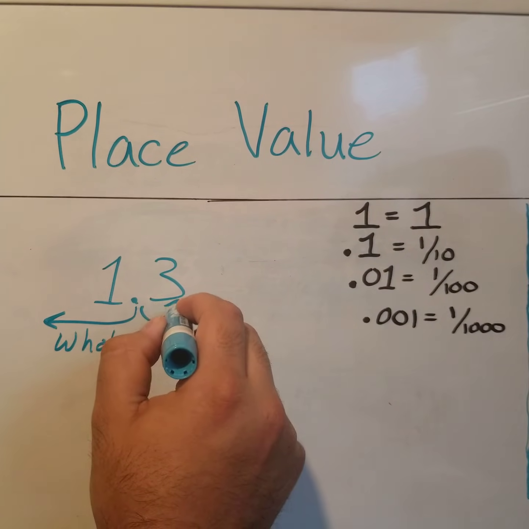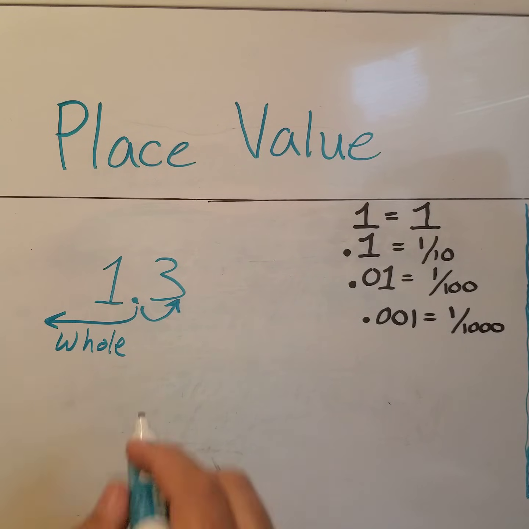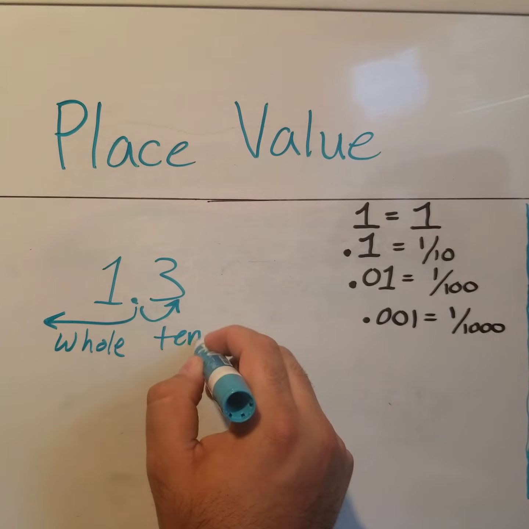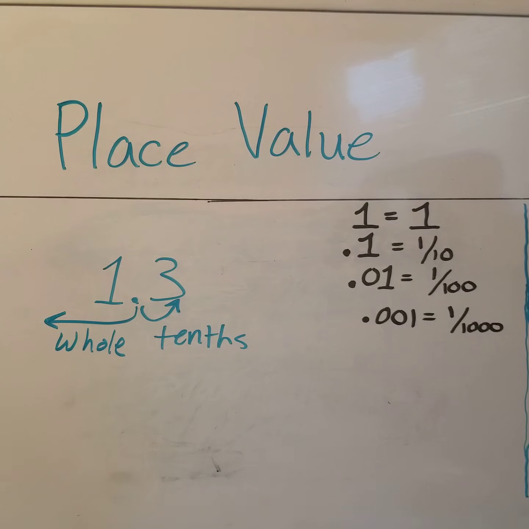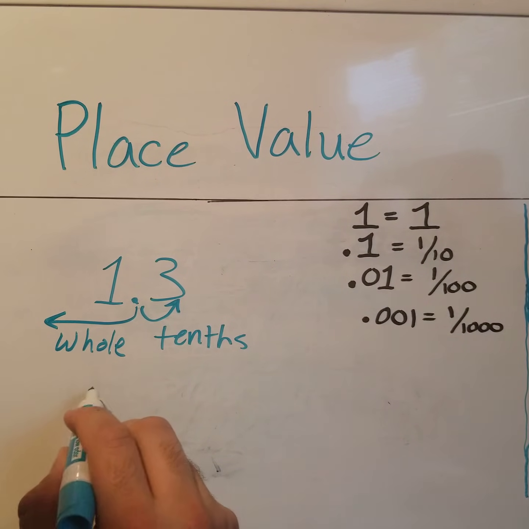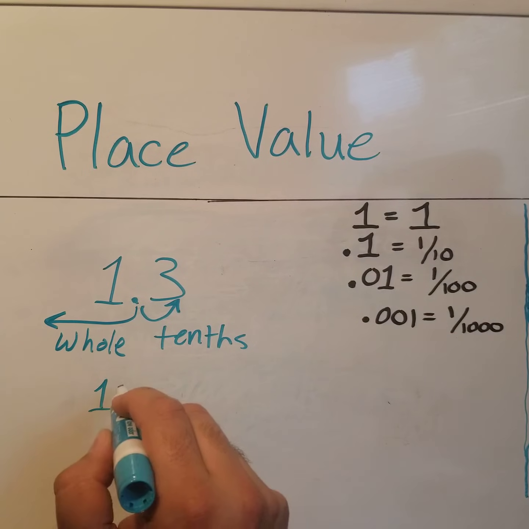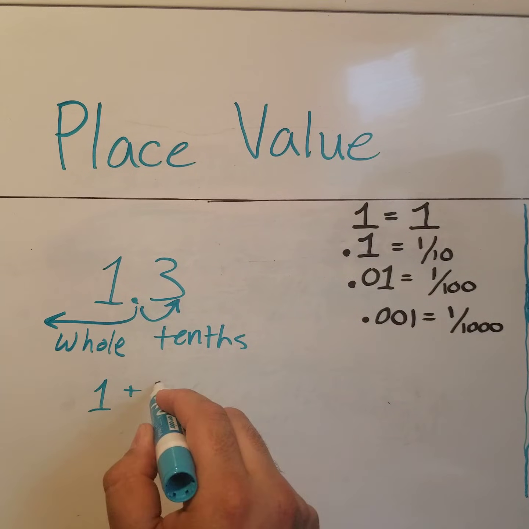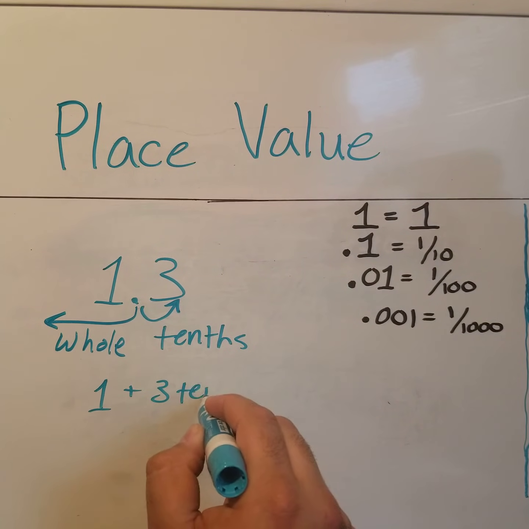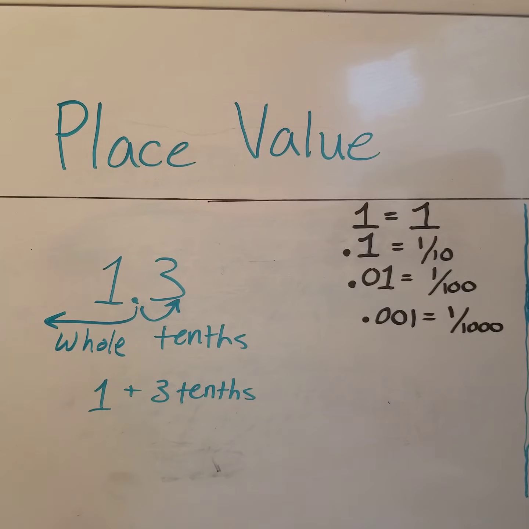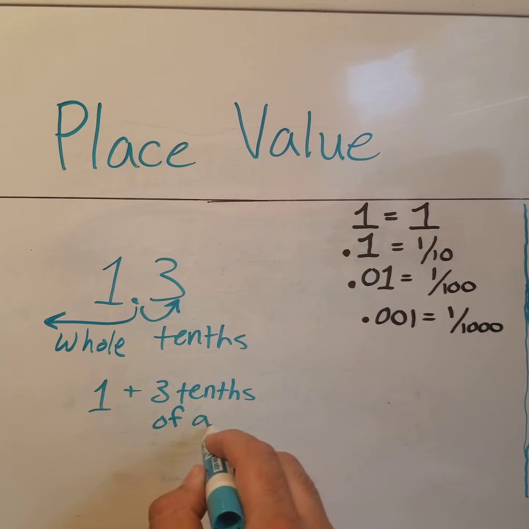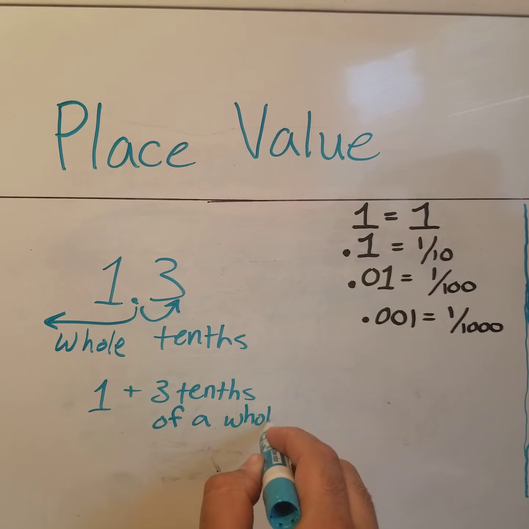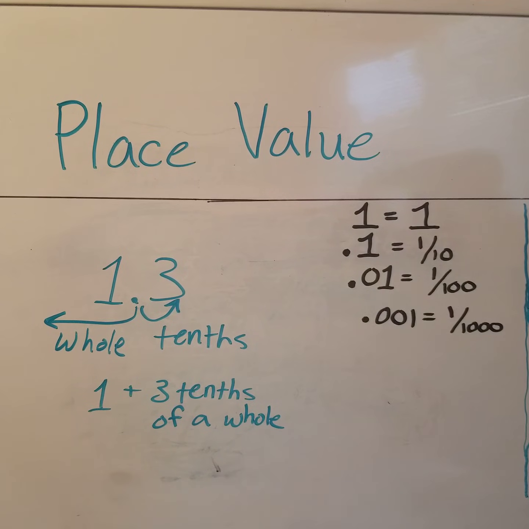And now when we're thinking of terms of this position, we're thinking of tenths. So if I were to dig a little deeper into this, I would say you have 1 whole plus 3/10. Okay, so you can say 1 plus 3/10 of a whole. That's one way of looking at it.